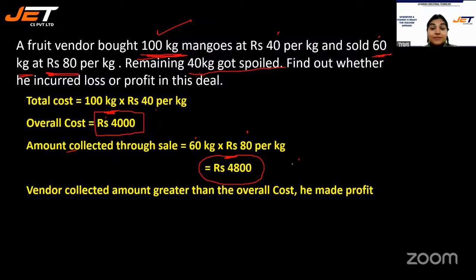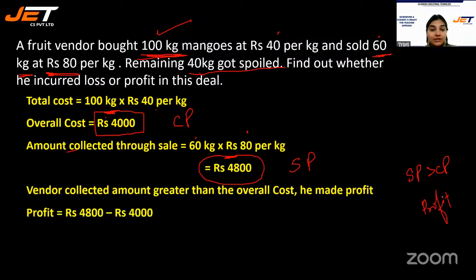That means selling price is more than the cost price, and when selling price is more than the cost price, there is a profit. How much profit? 4,800 minus 4,000, which is equal to 800 rupees. So he made a profit of 800 rupees.